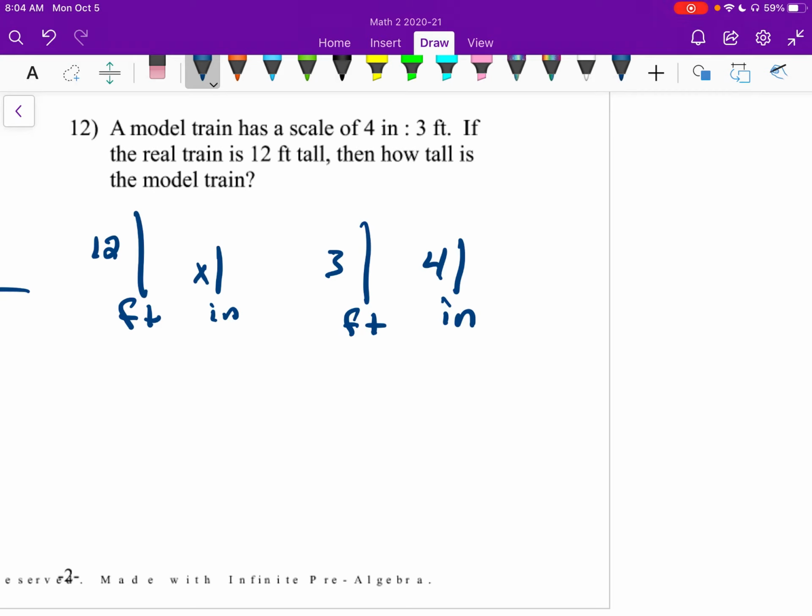Now it's important to also notice what units they are talking about, because here we have 4 to 3, and you might want to say, well, 4 is bigger than 3, 4 should go with the bigger number, right? But that's not the case here, because we're talking about 4 inches and 3 feet. So the 3 has to go with the 12.